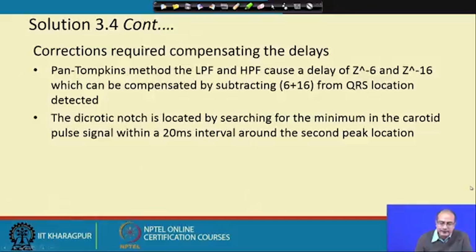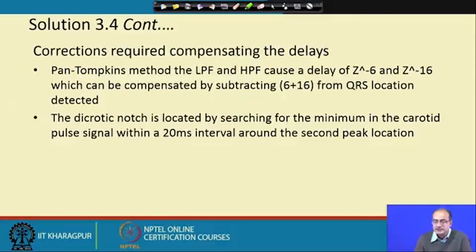And so, what we get, we need corrections for compensating for the delays used for the two techniques. In the Pan-Tompkins algorithm, we have two filters which are giving rise to a sufficient amount of delay, that is the low pass and the high pass filter. They are giving the delay of 6 and 16 samples respectively.